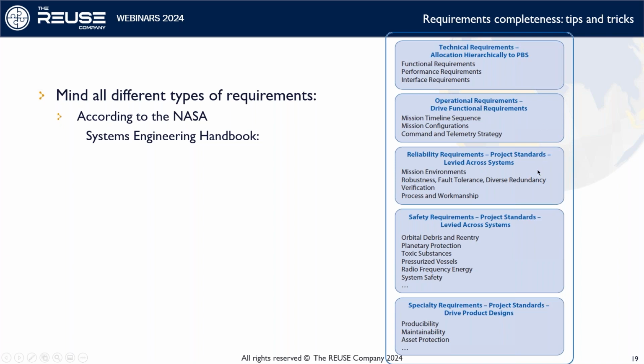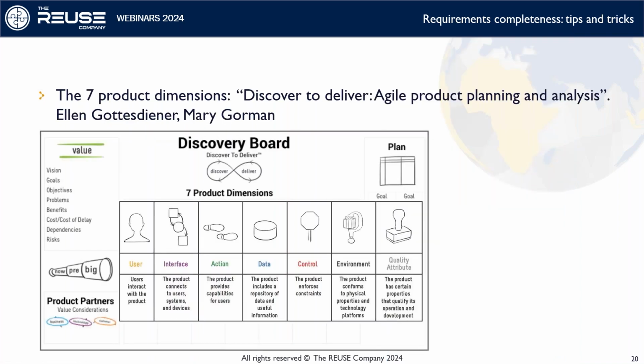Reliability requirements are also very important. Safety is also a big aspect, especially in some standards dedicated to safety and risk. We have the specialty requirements also that could be involved. So considering that we have different kinds of requirements, it's good to make sure with this short checklist that we're not missing anything. So that's what the NASA Systems Engineering Handbook is providing. It's a good start to know where to go.